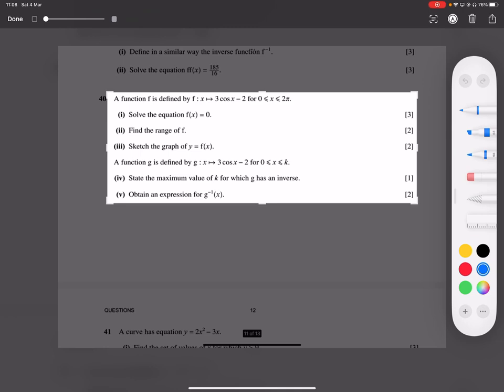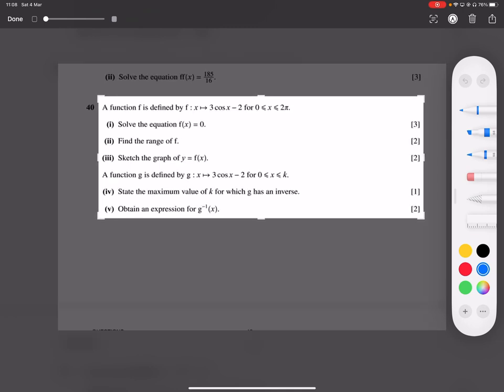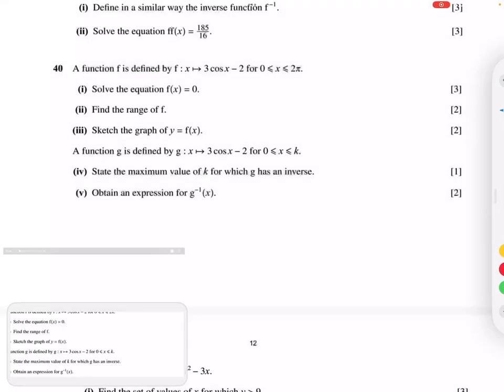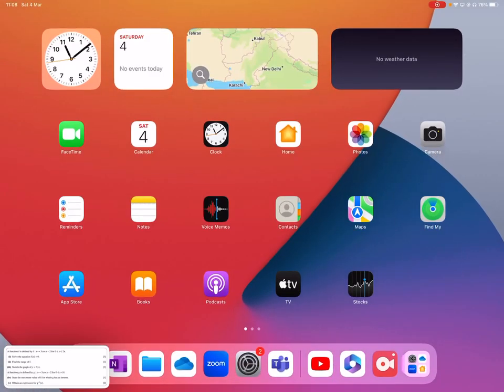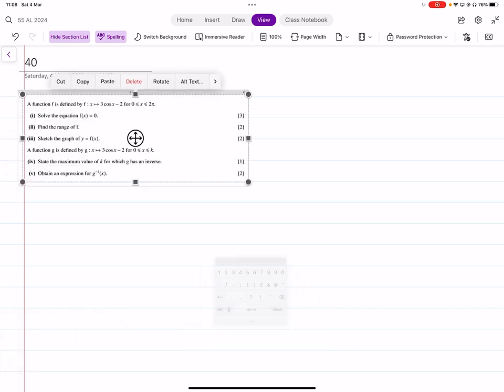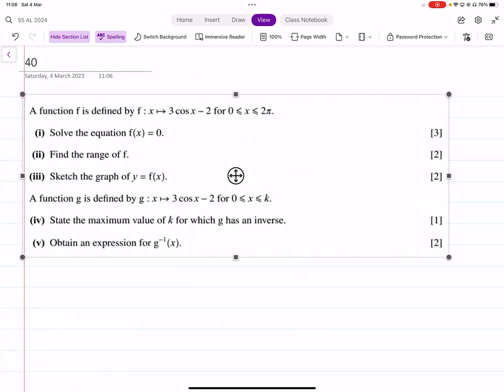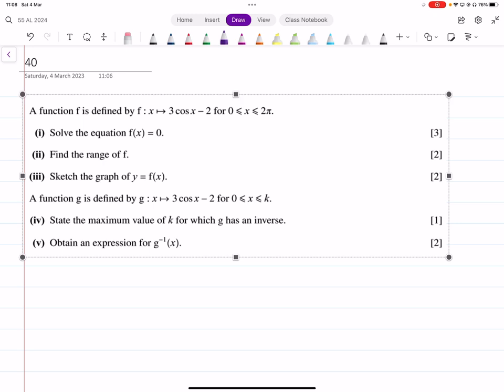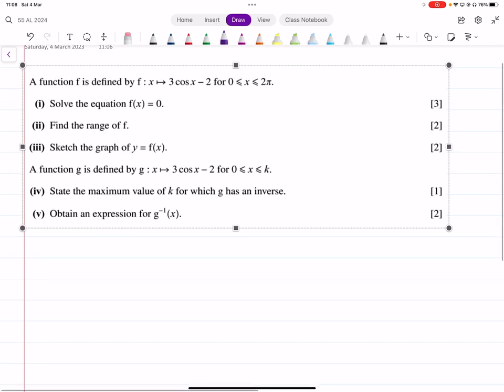This is question number 40 from the worksheet. Let's have a look at this. Alright, a function f is defined by f of x equal to 3 cos x minus 2.